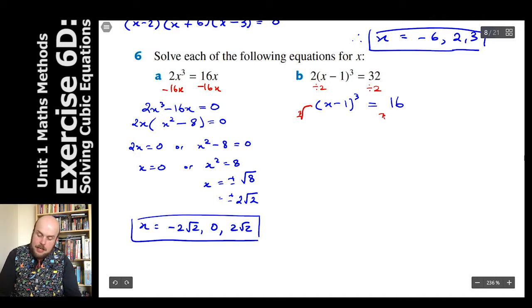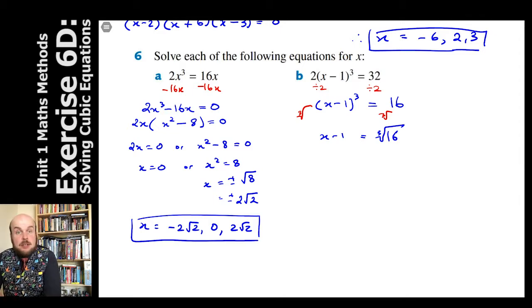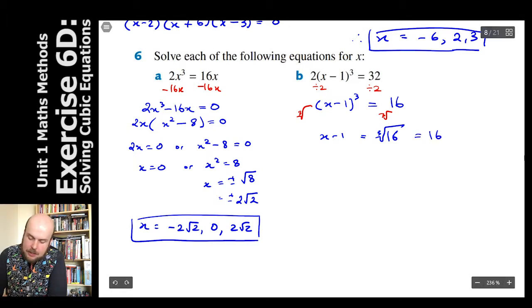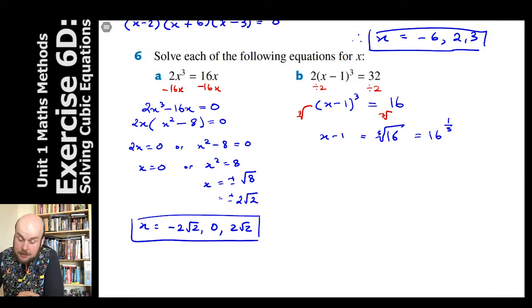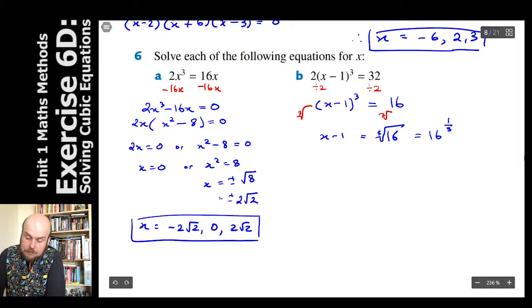We're going to take the cube root of both sides, and we get x minus 1 is equal to the cube root of 16. Now, at this stage, I would highly recommend, I mean, it's not that important, I don't like having the root symbols in there. I'm going to just label that as 16 to the power of 1/3. Because then I can also simplify that.